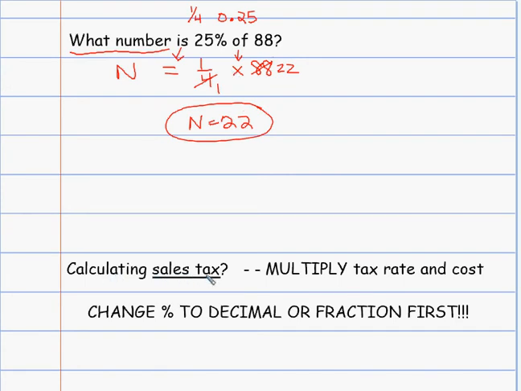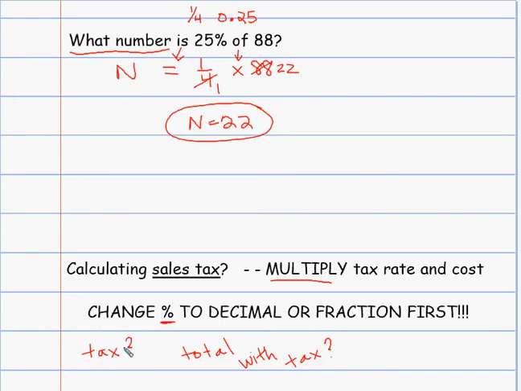Now, if you're calculating sales tax, you multiply the tax rate and the cost, and make sure you change your percent to a decimal or fraction first. Having said that, make sure that you read the problem. Are they asking you for the tax, or are they asking you for the total with tax? Those are two different answers.